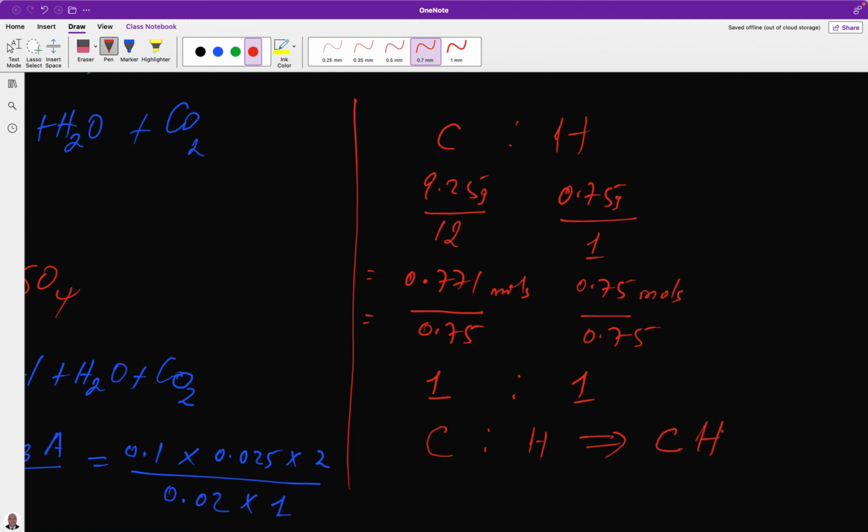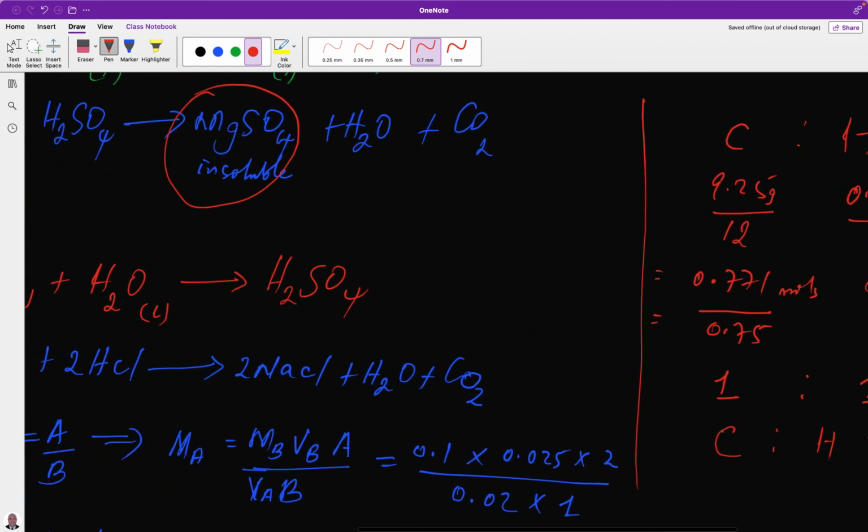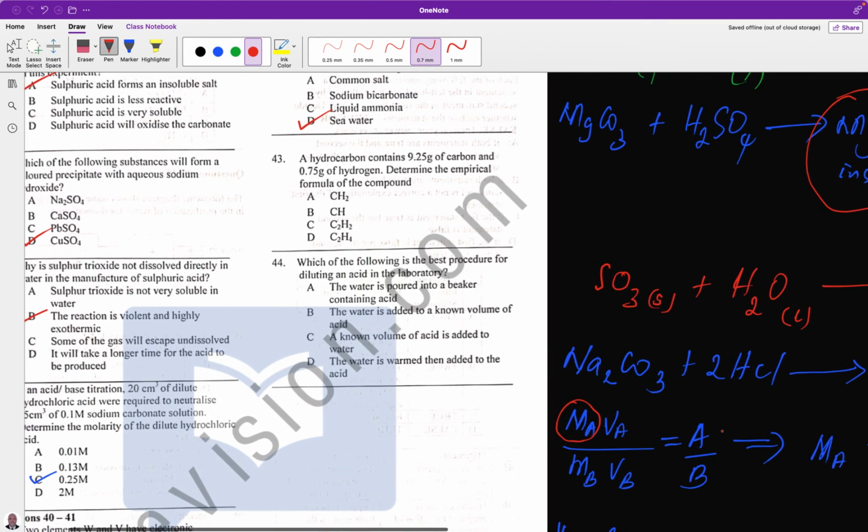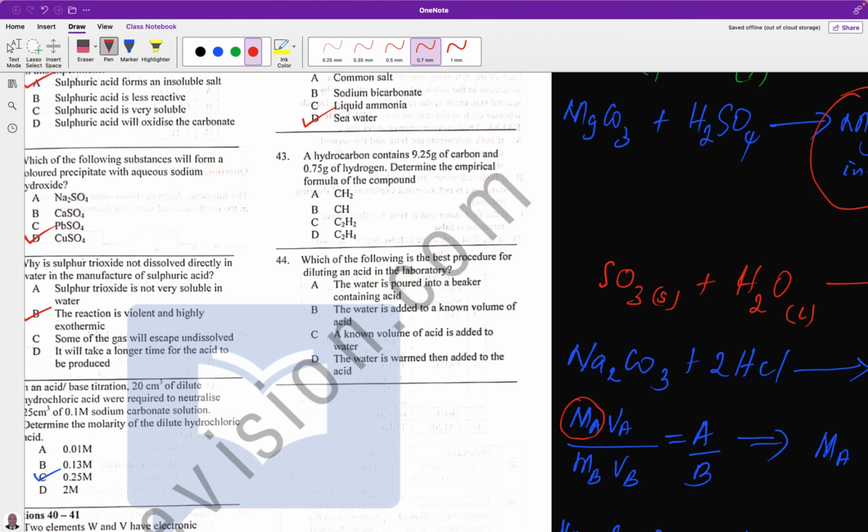When you solve such a problem, you visit your answer column to see whether your answer corresponds with any of the options. A is CH2, B is CH, C is C2, D is C2H4. So based on our calculation, our answer is B.